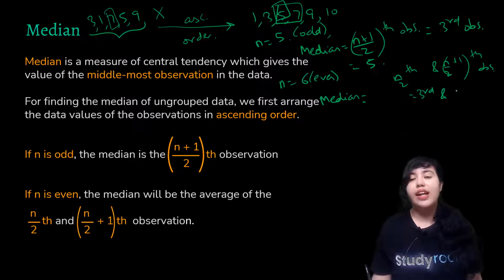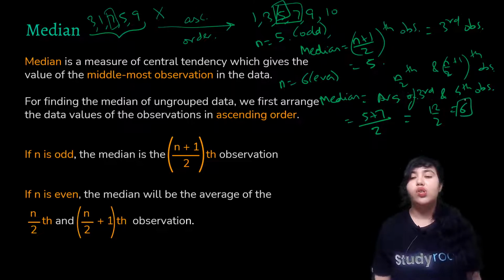And 3 plus 1, that is the 4th observation. So how do you calculate the average? You simply take the third observation, which is 5, the fourth observation as 7, and you divide it by 2. So 7 plus 5 by 2 will become 12 by 2, that is 6. So if it is even, what you realize is that you're getting an observation which is not even present in your data. So this is how you go about calculating median for ungrouped data.